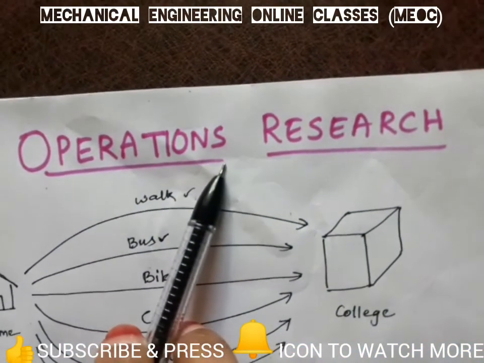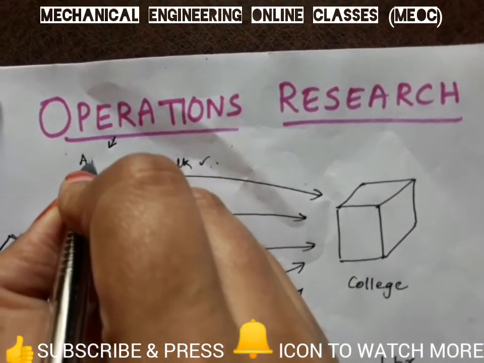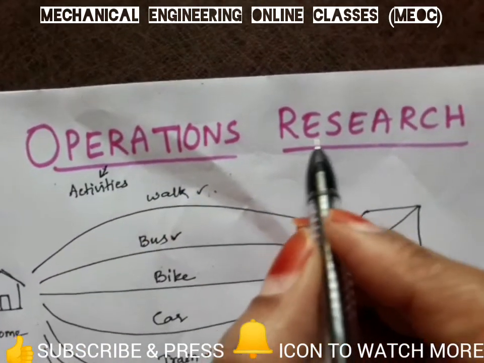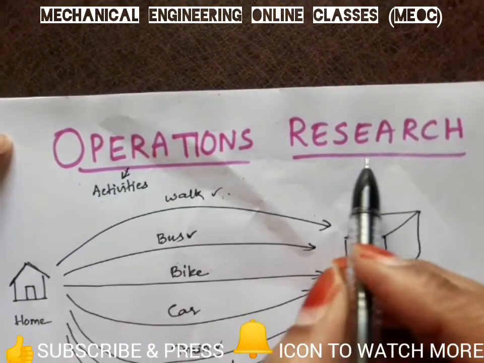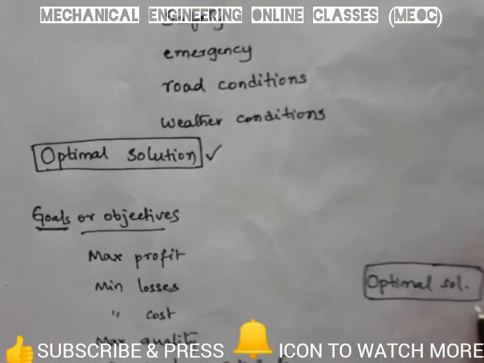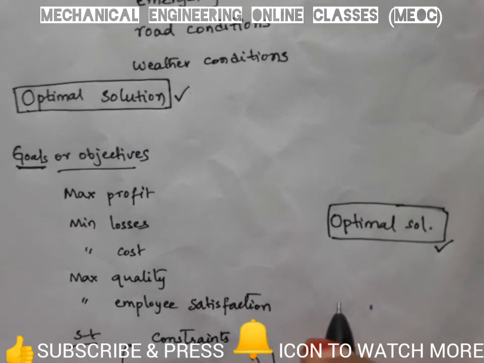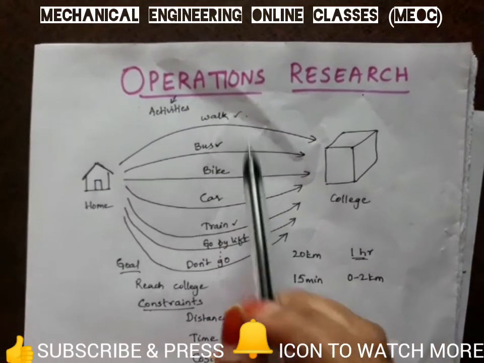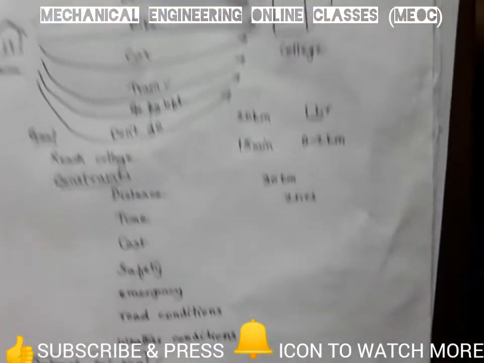This is a technique where all operations are nothing but activities, and these activities are researched, in the sense they are studied in detail, in order to find the optimal solution. That is the concept behind operations research. In the following videos, we will learn what are the different methods in operations research in order to arrive at the optimal solution.